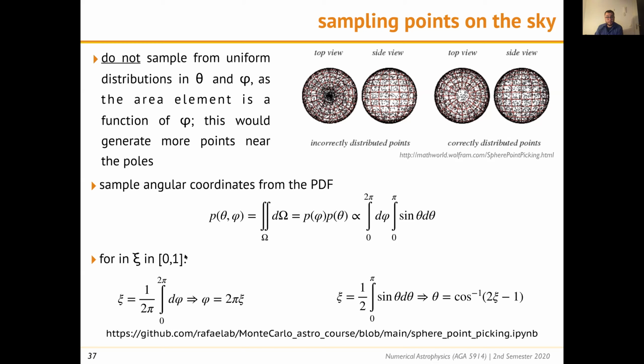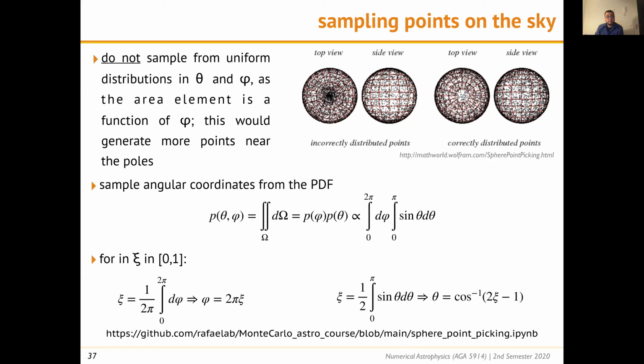So this is just a random number that you generate, and you multiply it by 2 pi, then you get the azimuthal dependence, which is uniform. But for the theta dependence, you have to calculate this integral, and then to sample the theta angle, you take the inverse cosine, arc cosine, of 2 times this random number minus 1. I have the example here to show us.